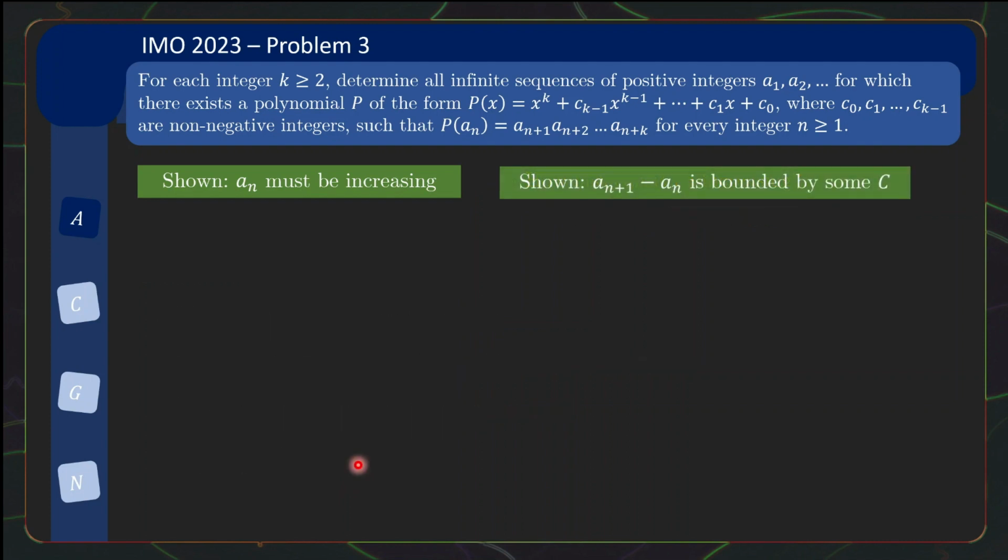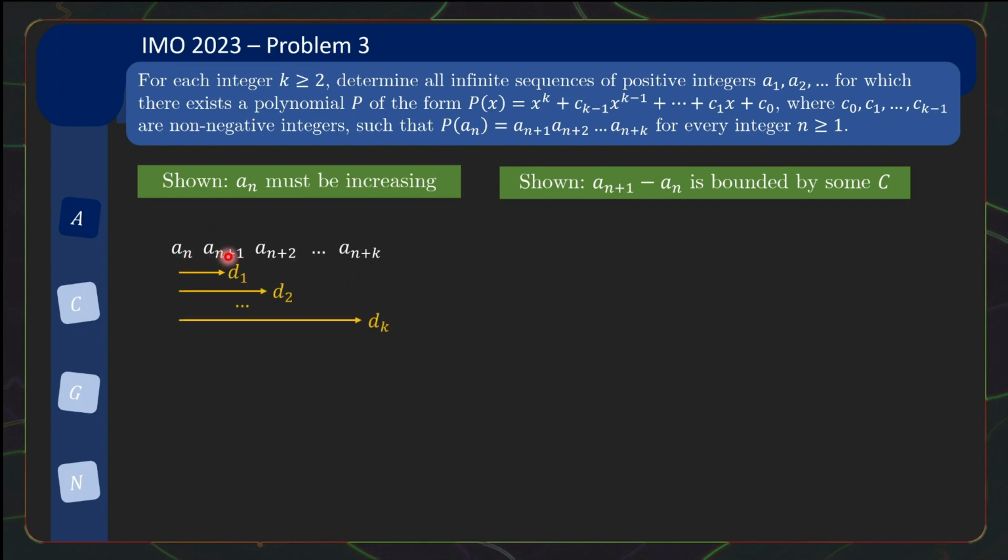But more importantly, we now have even more information on how a nice sequence must behave. And this is very powerful because what does our picture look like now? Let's consider a very natural block, which is a_n and then the next k terms. Let's look at this block.